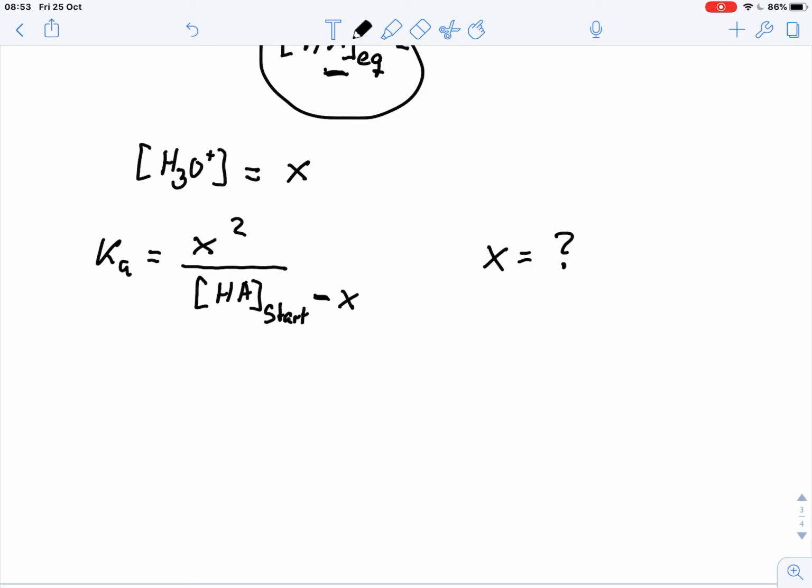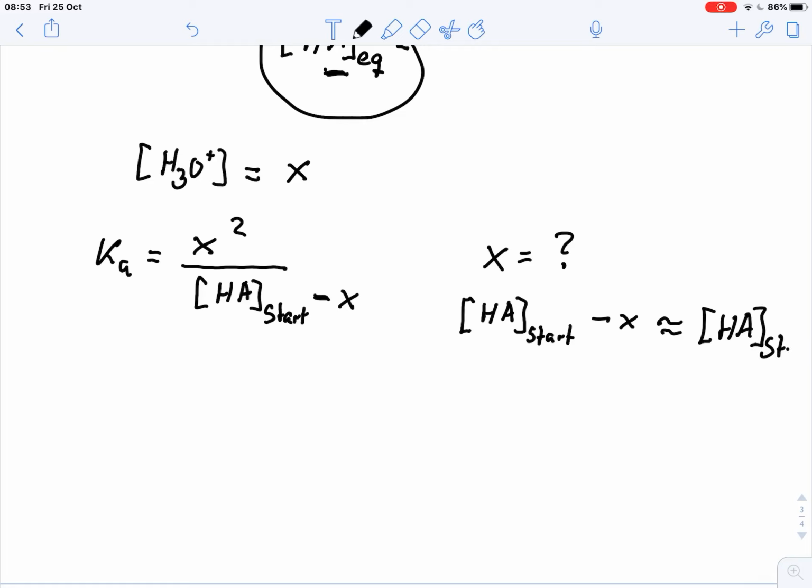We could use a quadratic equation, but sometimes it is just easier to make the assumption, especially when it is a very weak acid. We can say with a degree of certainty, in the case of a very weak acid, our starting concentration minus x is very close to actually the starting concentration.